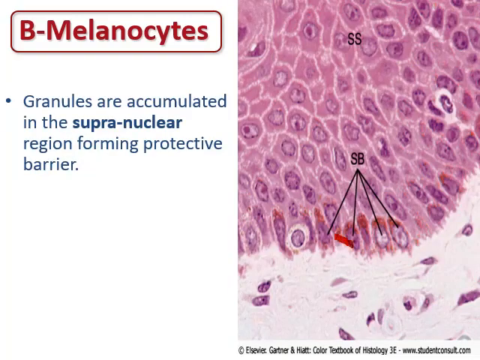Here is the keratinocyte of the stratum basal, and as we see here, the arrow points to the melanin granules, which are supranuclear to protect the nucleus and to protect the DNA from the mutation effect of the ultraviolet rays.